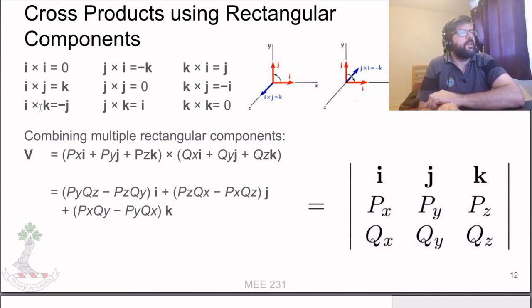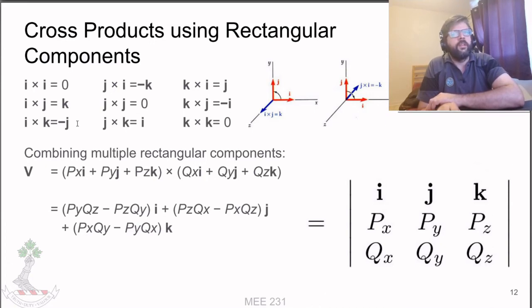So you've got to keep in mind that when you flip the sign on any of these terms, the result flips its sign as well, and when you flip the order of any of these terms, the sign flips as well.